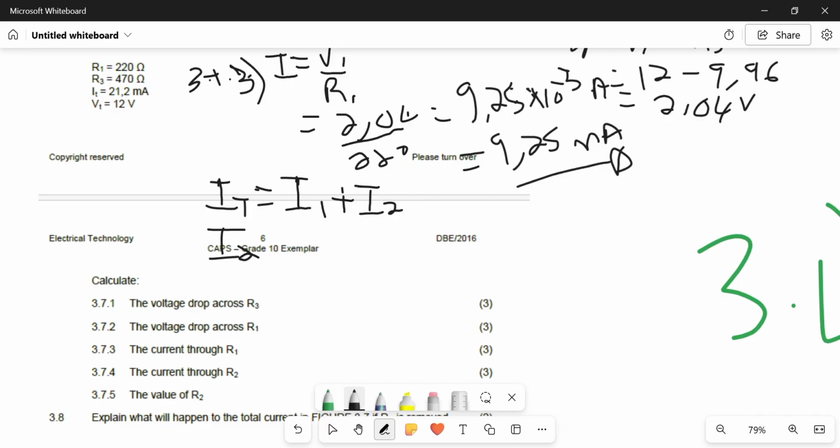So we manipulate the formula: I2 equals I total minus I1.